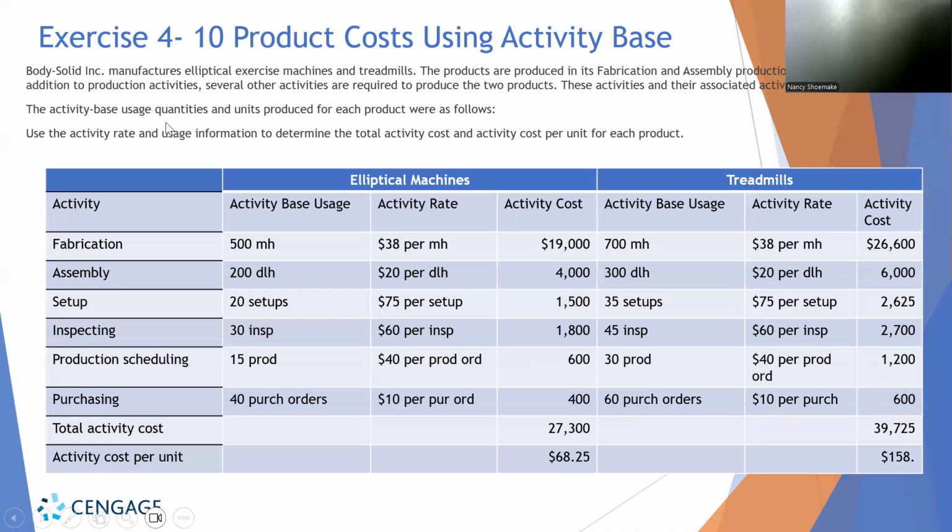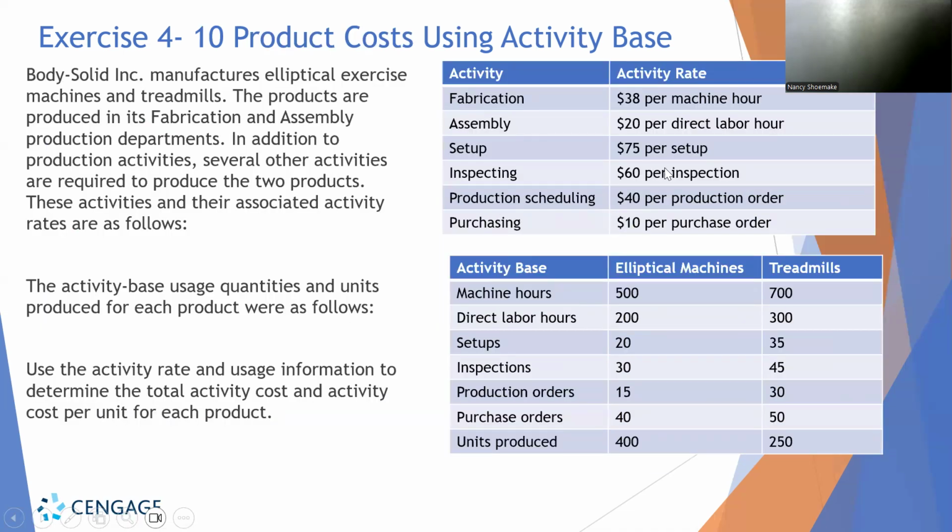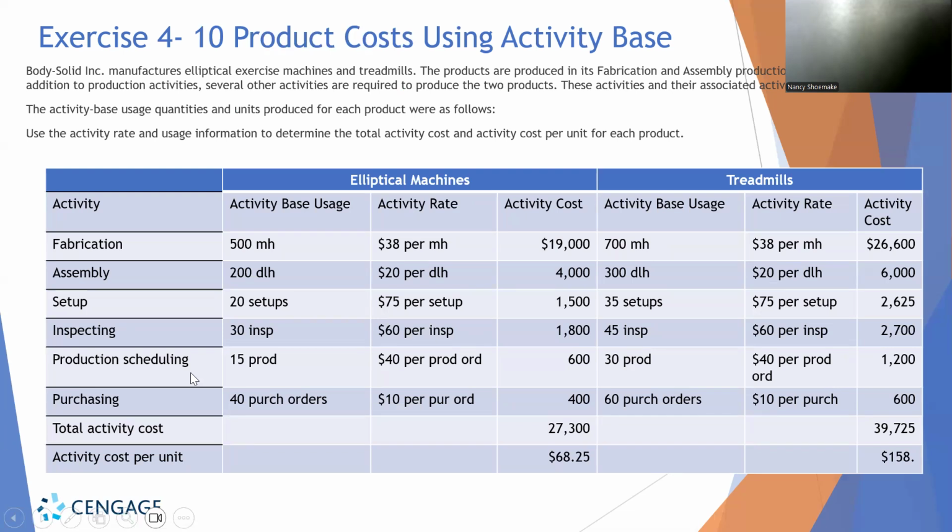Okay, so for elliptical machines, we're going to use 500 machine hours. For treadmills, 700 machine hours. So if we take the activity rate here, fabrication, we know, assembly, we know, setup, it tells us, the inspections, it gives us $60. The production scheduling, that's a production order, and the purchasing. Do you see here the total activity cost for ellipticals? $27,300.